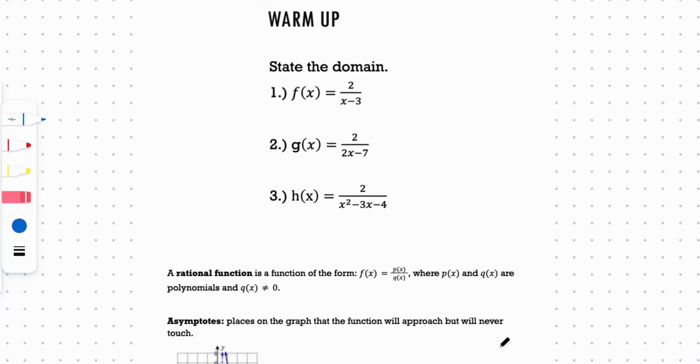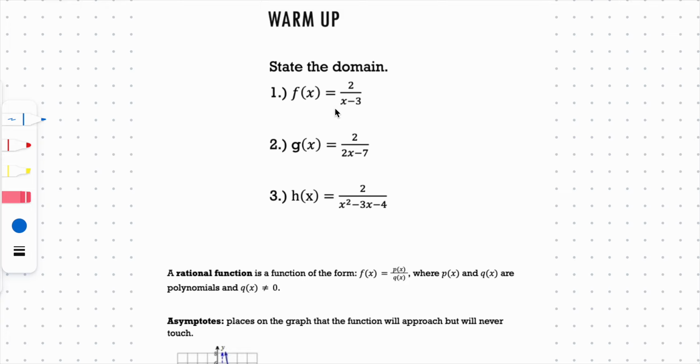Okay, so let's first start with domain. That word has come up at various times throughout the school year so far, but essentially that's the range of possible x values where y is defined, right? And one of our cases where y is not defined, and this comes up pretty much every time in rational functions, is where our denominator equals 0, because we can't divide by 0.